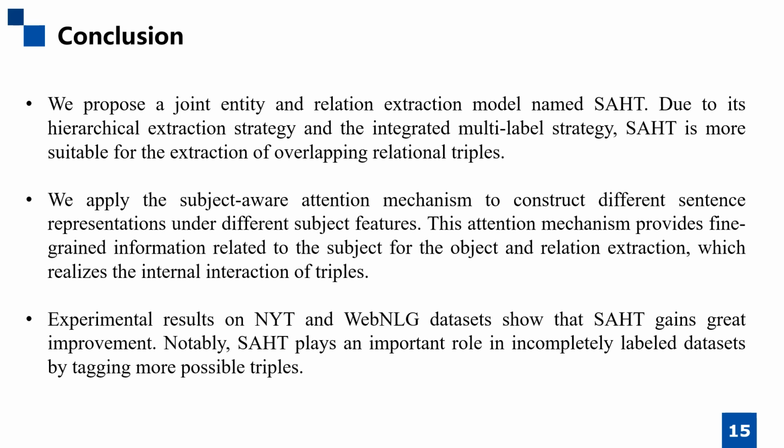It realizes the internal interaction of triples. And experiment results on NYT and WebNLG datasets show that our model gains great improvement. And our model can be used as a triple tagging tool to extract more possible triples in texts.